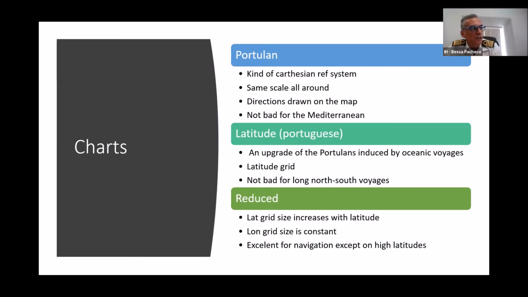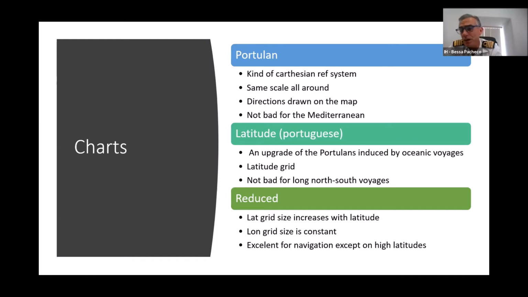Then we had the latitude charts, or the Portuguese charts. It's really an upgrade of the Portolan charts, induced by the ocean-going voyages. It adds the latitude grid, and it's also not so bad if you are going for long north-south voyages. And then we have the Mercator chart.